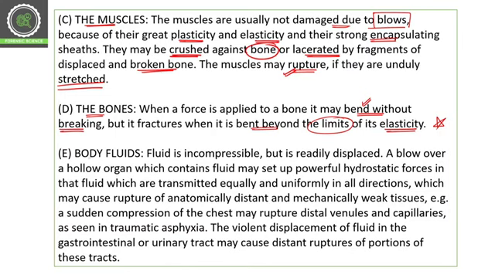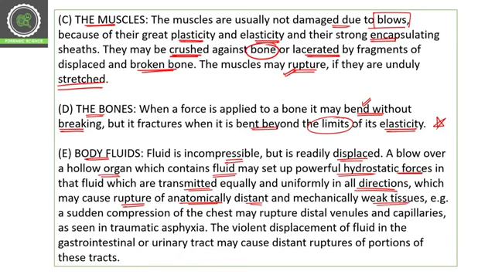Then we have body fluids. Fluid is incompressible, of course, but it is readily displaced. A blow over a hollow organ which contains fluid may set up a powerful hydrostatic force in that fluid, which is transmitted equally and uniformly in all directions, which may cause rupture of anatomically distant and mechanically weak tissues.